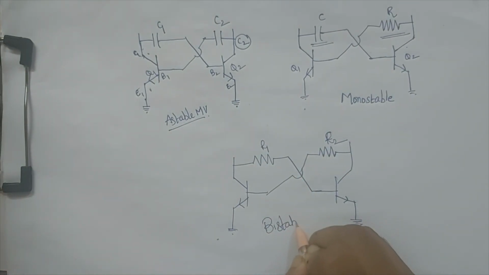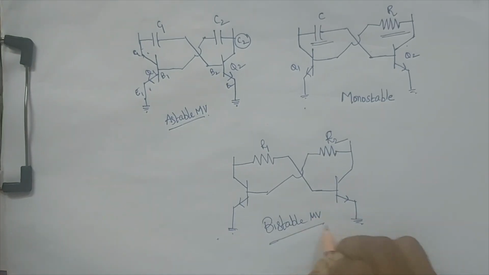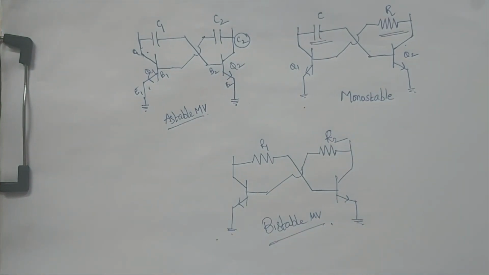This is the bistable multivibrator. These are the basic structures of multivibrators. While going into the individual concepts, we are going to see where the trigger input is applied, how it works, everything. So till here, this is the basic introduction and terminologies of multivibrators that you have to get used to.